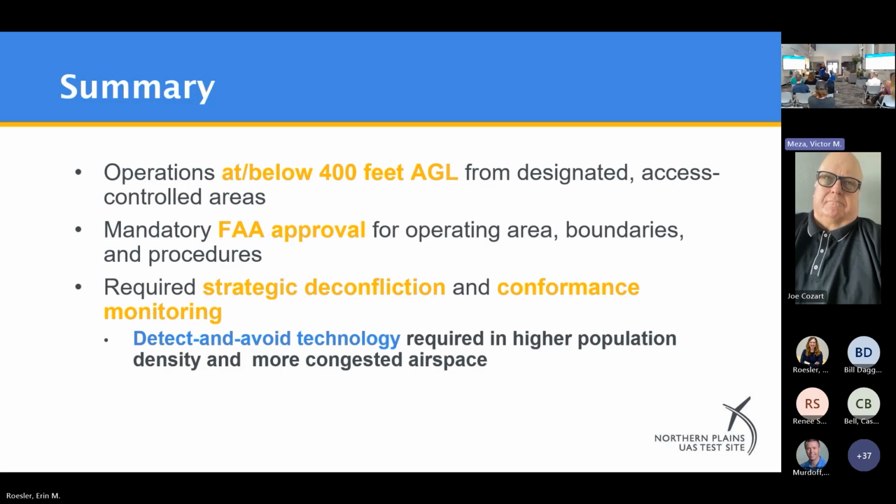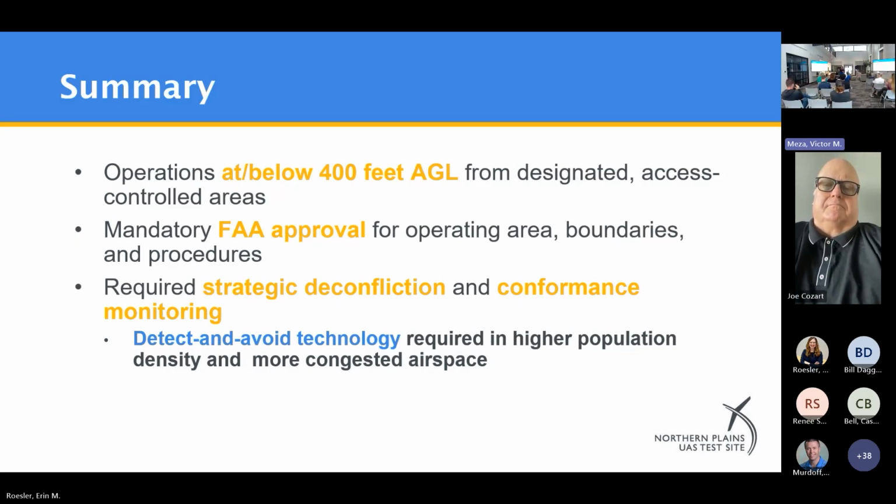However, there's not a lot of justification in the preamble to really indicate whether the FAA is thinking that 108 will apply above 400 feet. So it is an unknown whether 500 feet, 1,000 feet or higher altitudes would be allowed under that rule set.